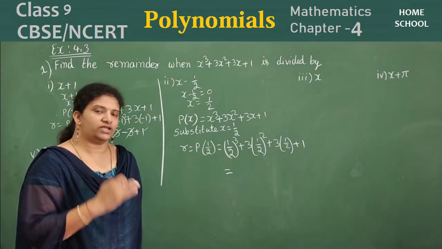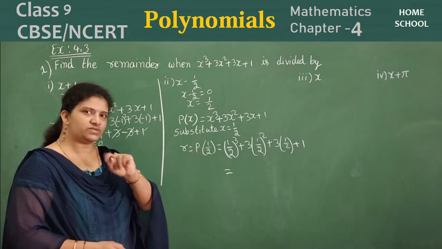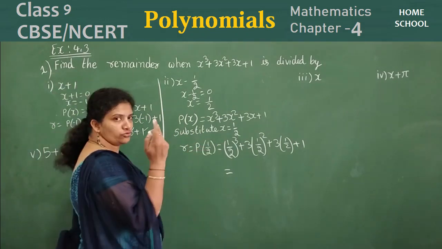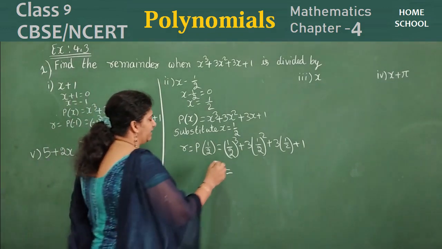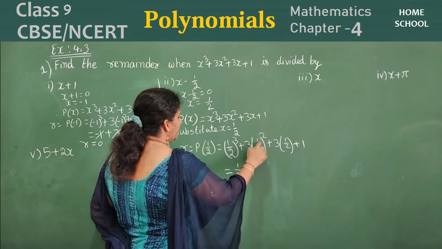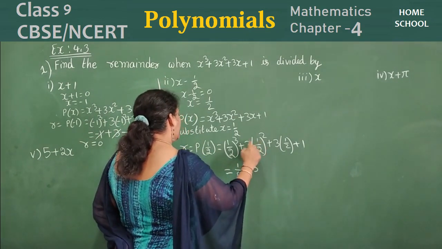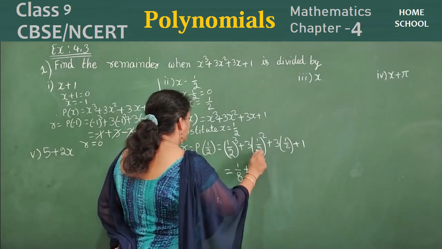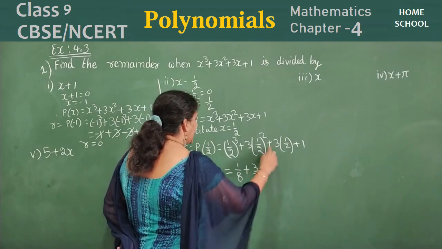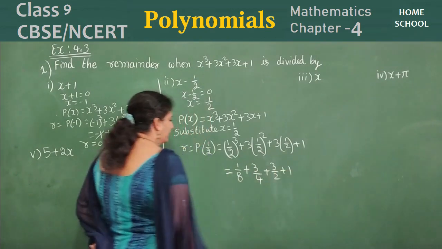Cube is for the numerator and also the denominator. So 1 cube is 1, 2 cube is 2 2s are 4, 4 2s are 8. That will be 1 by 8. Now this one plus 3, 1 1s are 1, 1 into 3, 3 by 2 2s are 4. And this one will be 3 by 2 plus 1.